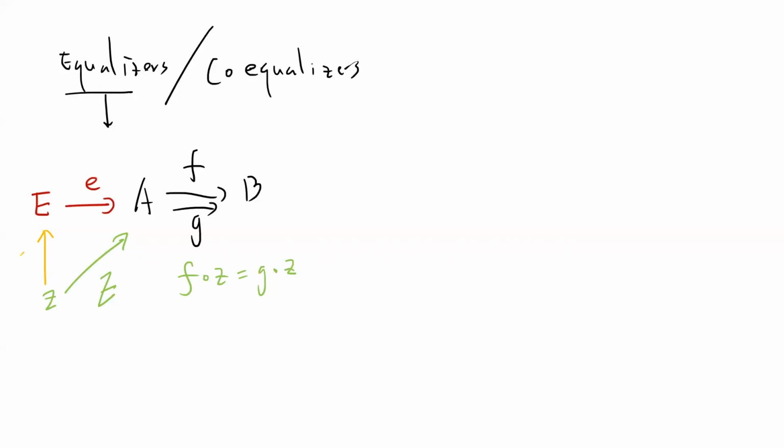So basically, this is the unique morphism. So these are equalizers such that any object which satisfies the property can map in.